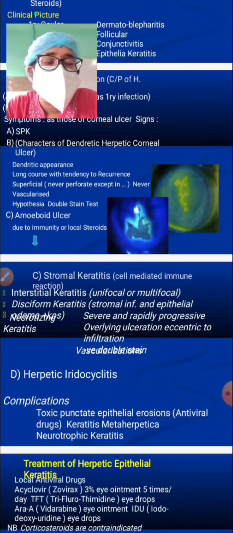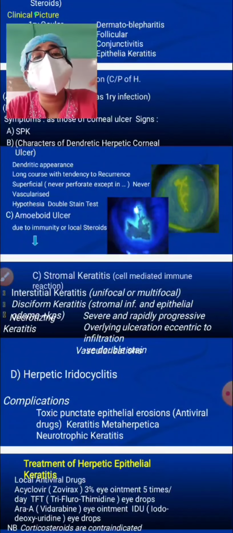But the nummular and the disciform forms most commonly do not involve the epithelium. Still, we have to do fluorescent staining and see whether there is involvement of epithelium in those cases or not. Why do we need to know? Because if epithelium is involved, we do not give steroid at the first instance, as it will hamper the healing.